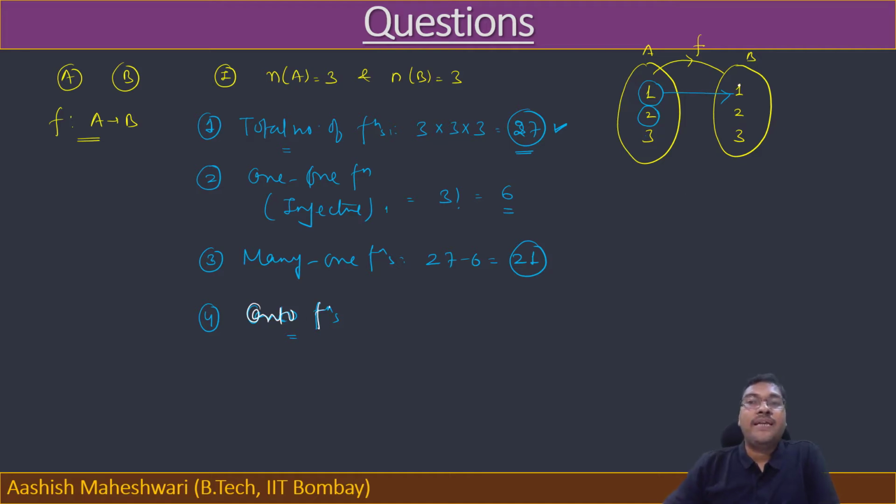There should not be any element in set B which is not having any pre-image in set A. That means every element of set B should have some relation in set A. So now you see, number of elements in set A and set B are same. So obviously if you want to consume these 3 elements, then 1 element has to go to every element of set A.